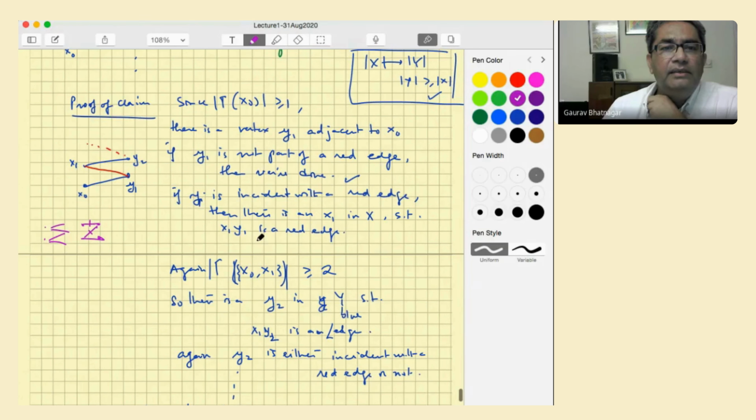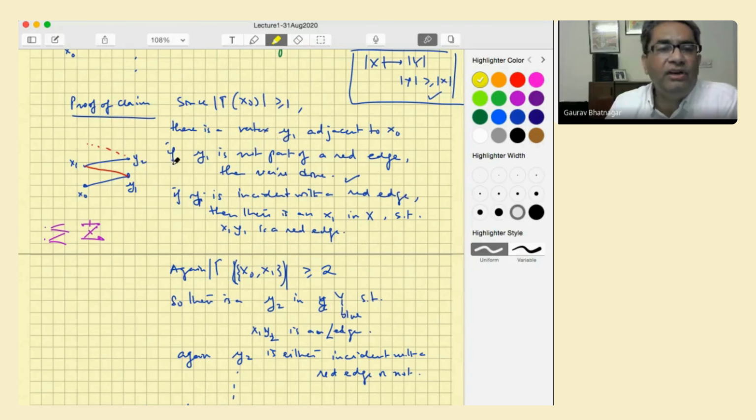So if we go through this again, maybe with a different color. If we start with one vertex x0, there's a vertex y1. Now I'm clearly saying that gamma of x0 is a set of vertices on the other side, which is adjacent to x0. So there is a vertex y1. If y1 is not part of a blue edge, red edge, then we are done. If it is incident, then we go to x1.